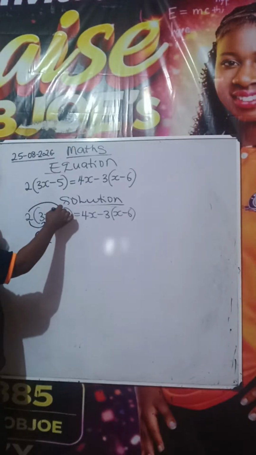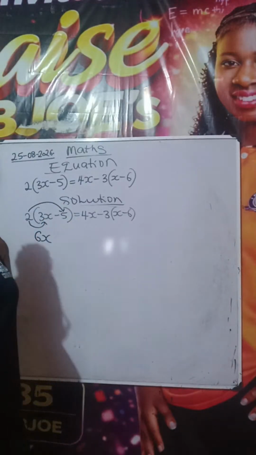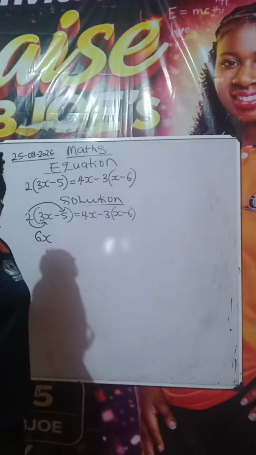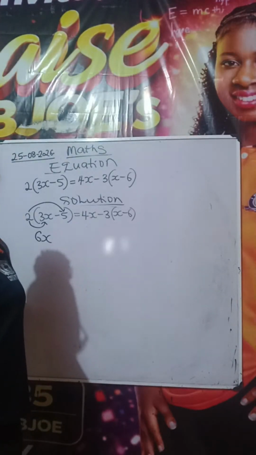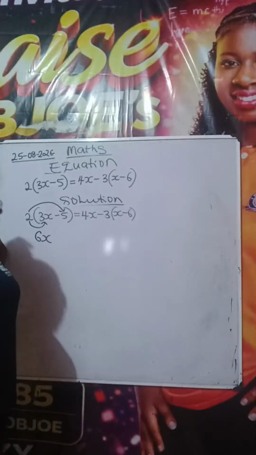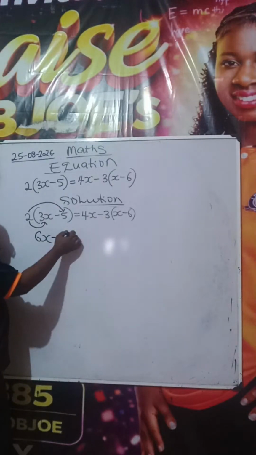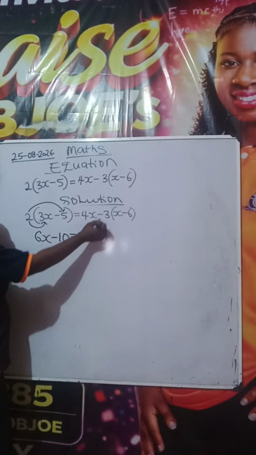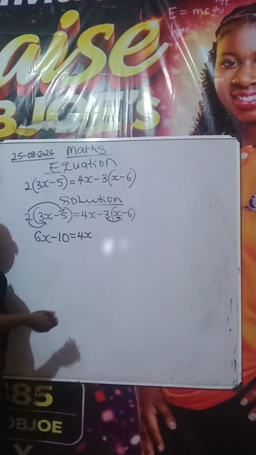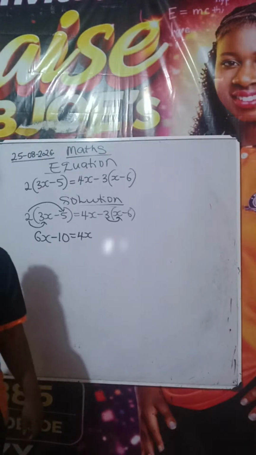Then 2 times minus 5, what do we have? So we are getting minus 10. Then we have 4x.